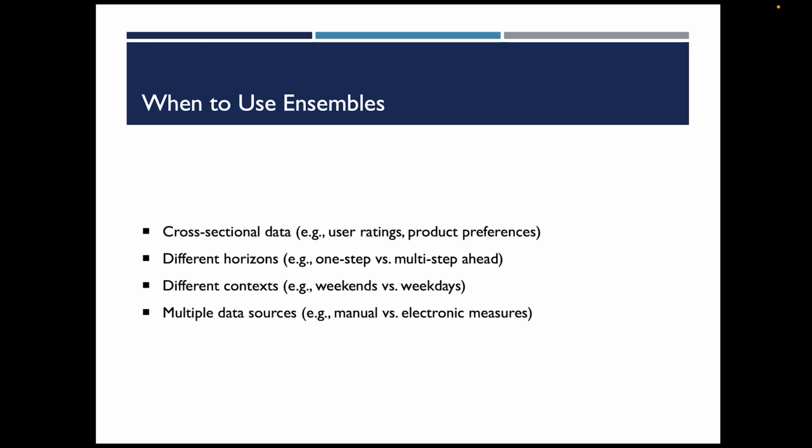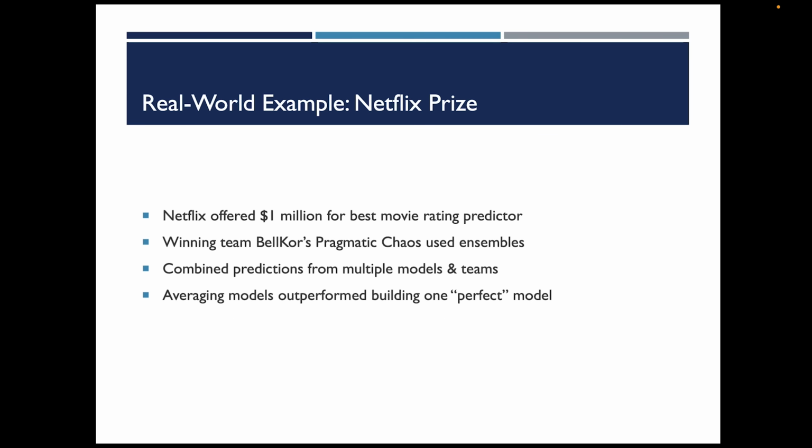One of the famous examples is the Netflix Prize, and we're going to speak about this here. The Netflix Prize is a very famous example of ensemble methods. Multiple teams worked and competed to predict user ratings for movies, and the idea was to get something more accurate than the Netflix system. The winning team succeeded not just because they came up with a brand new model; they actually combined dozens of different models.